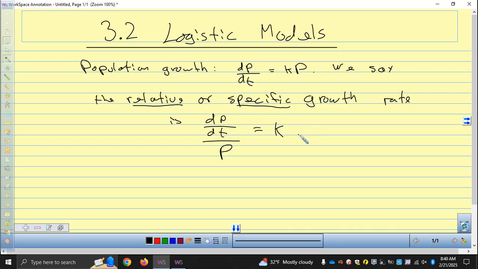So in this basic model, that's constant. So our specific growth rate or our relative growth rate is constant.